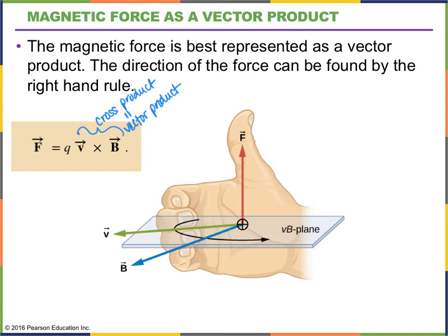Your fingers can only curl one way, because your knuckles only bend one way. And so when you have your hand oriented in the way that will allow you to curl your fingers from the first vector to the second, your thumb will give you the direction of the V cross B. And so in this picture, they're illustrating that.